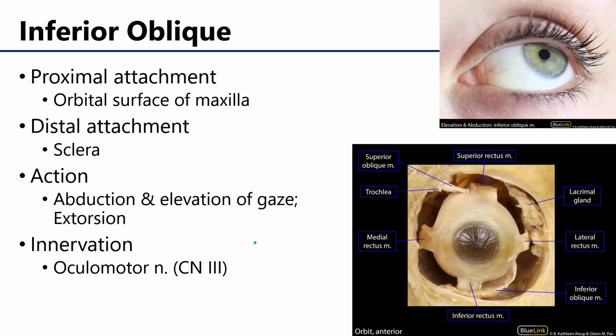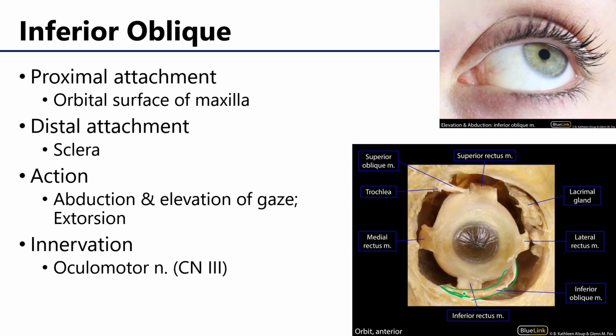And that leaves us with the inferior oblique muscle. The inferior oblique muscle takes its proximal attachment on the orbital surface of the maxilla and its distal attachment up on the lateral aspect of the sclera, just kind of inferior from the lateral rectus muscle.